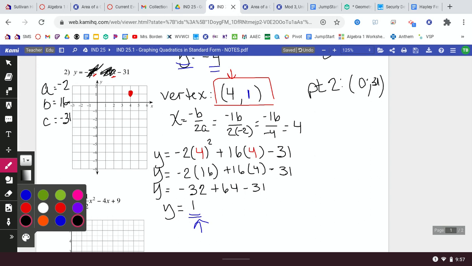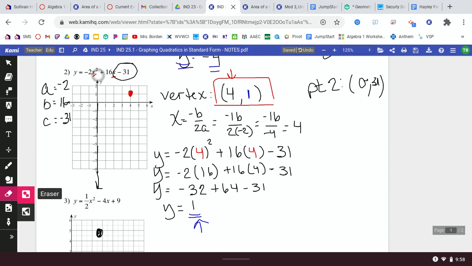My y's only go down to negative 8. So if I try to plot the point 0, negative 31, I'm way down here. That is way off my graph. So when your C value is off your graph as far as the y-axis, you're going to have to back up a little bit and not try to use that 0. So I cannot use 0 for my x here.